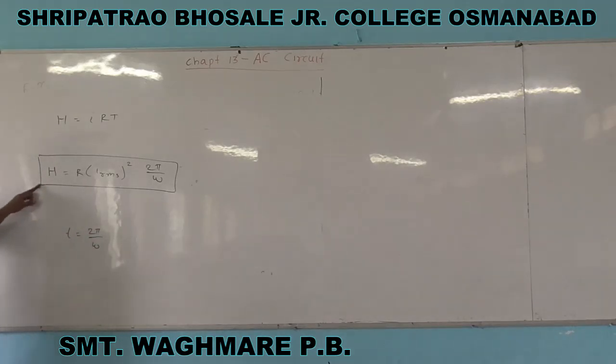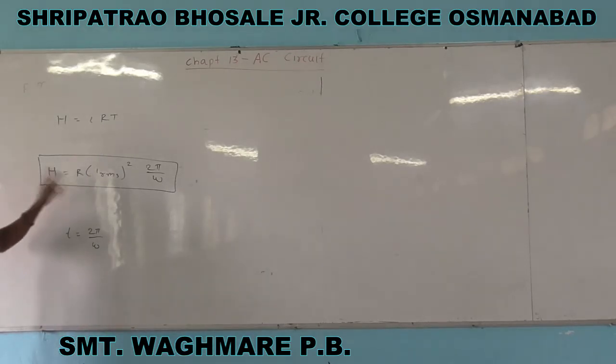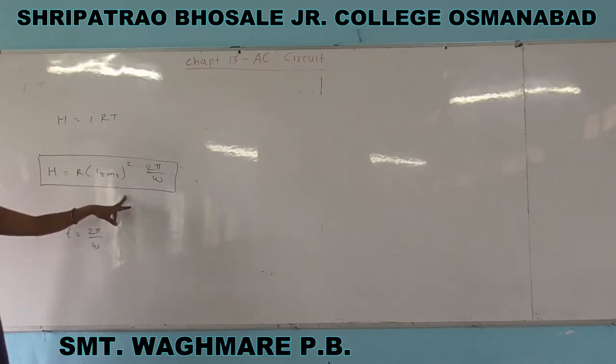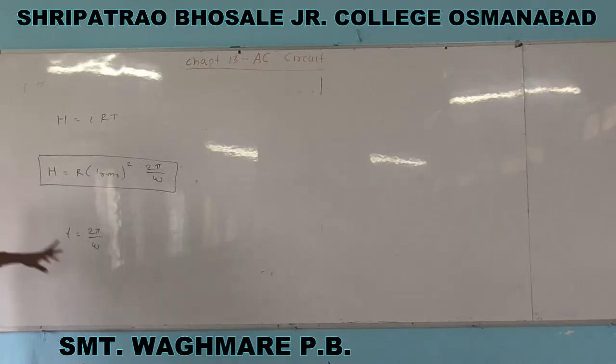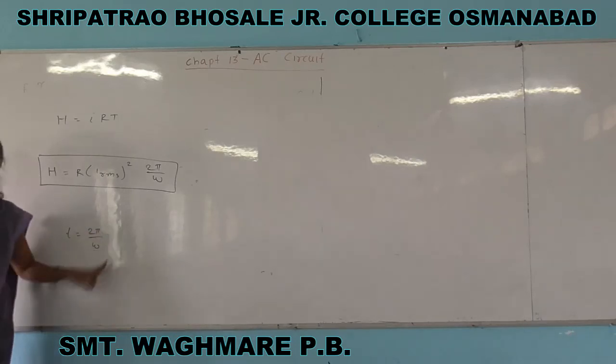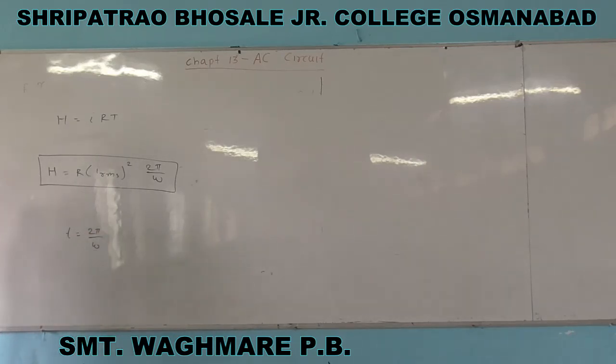The heat produced by the AC current will be equal to the heat produced by the DC current for time t equal to 2 pi by omega.